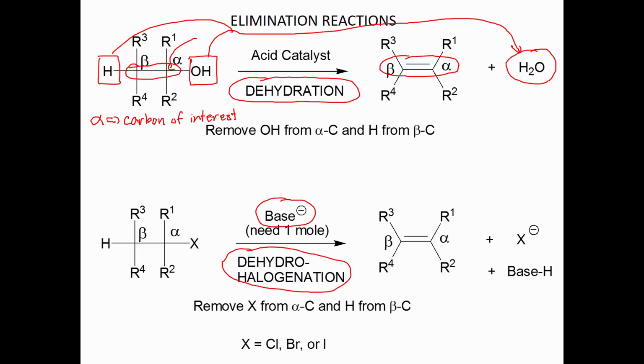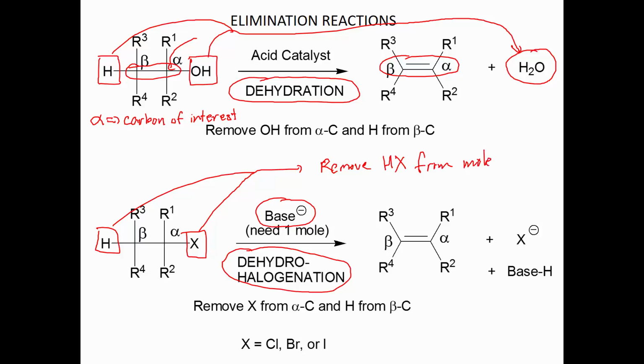So what we're doing is we're taking the molecules of HX, which you remember correspond to a strong acid. The X comes off the alpha carbon, the H comes off the beta carbon.